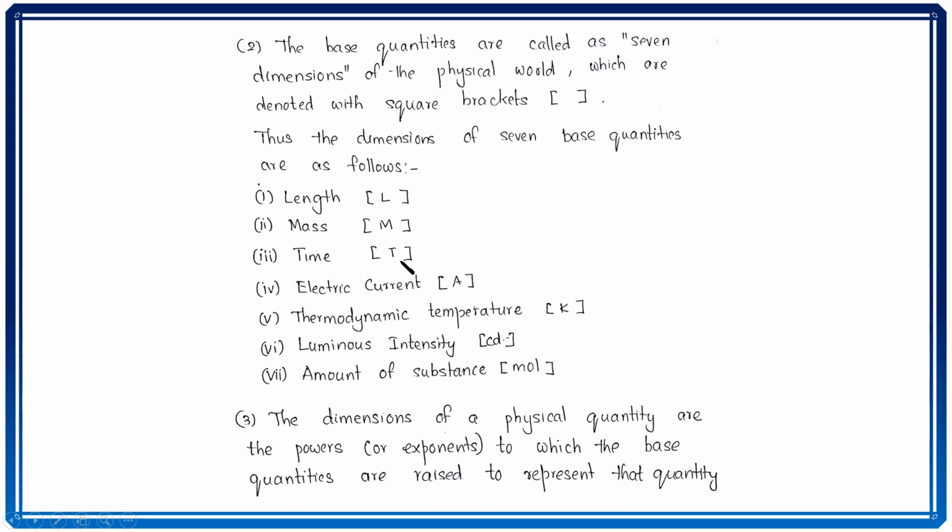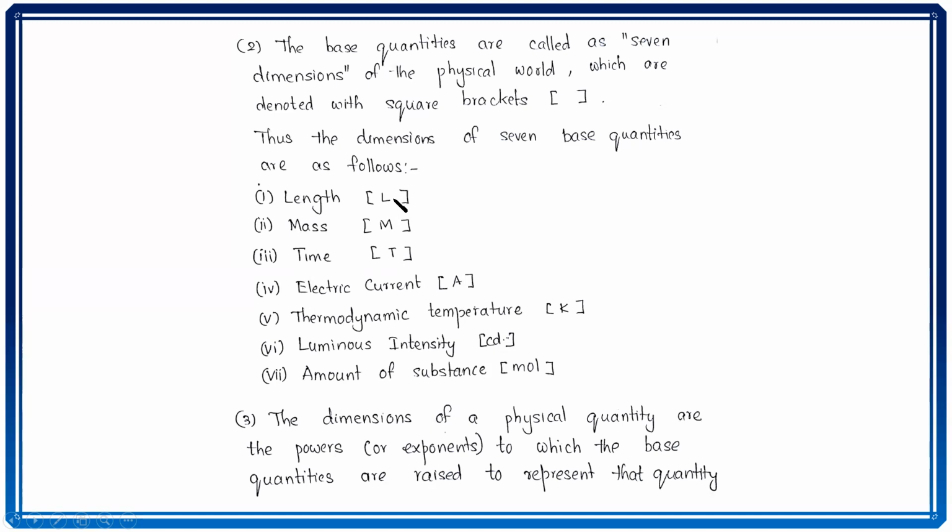Time is capital T. Electric current, ampere, is A between square brackets. Thermodynamic temperature is capital K between square brackets. Luminous intensity is cd, that is candela, between the square brackets. Amount of substance is mol, mole, between the square brackets.